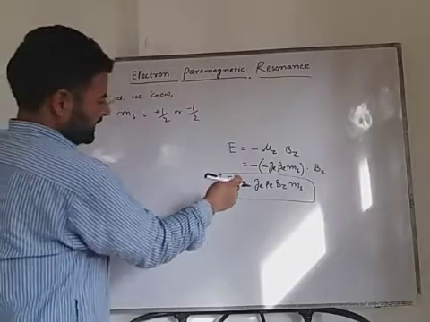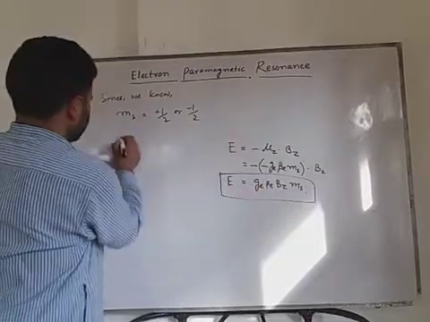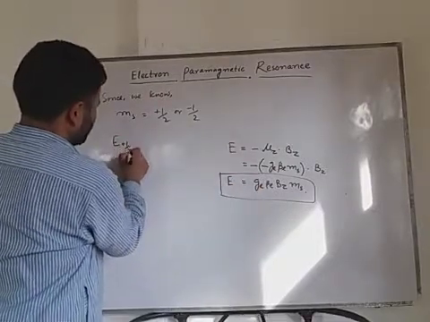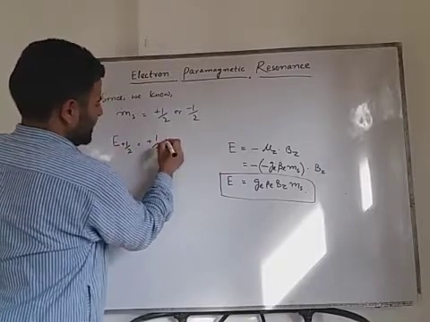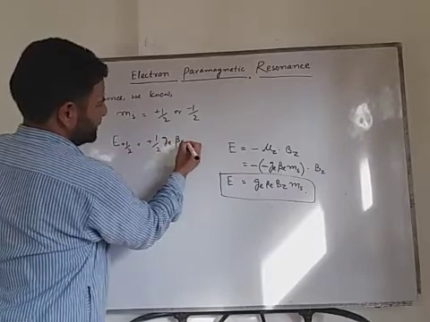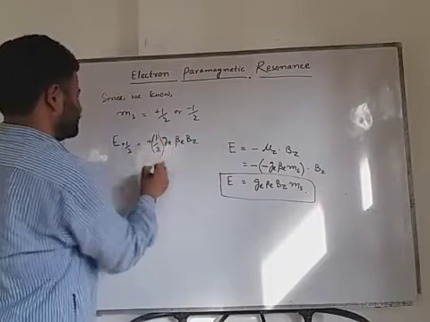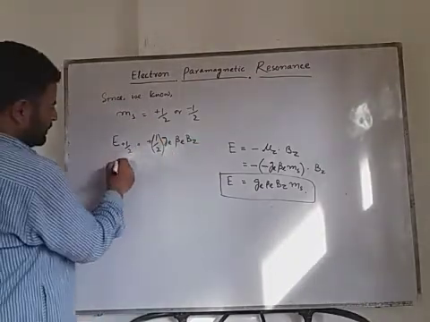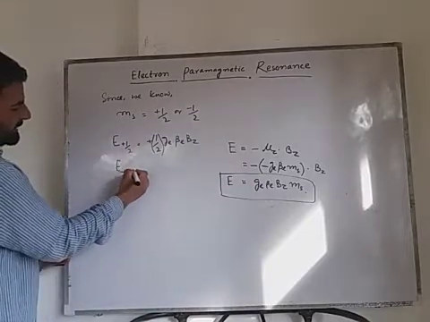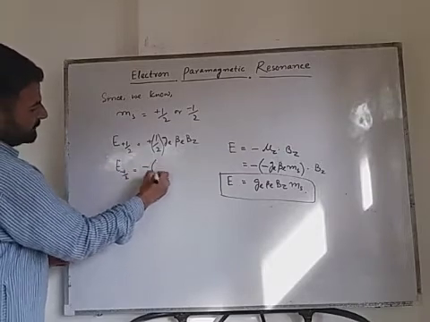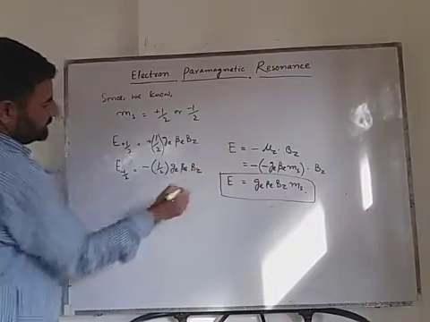So for these two orientations, what will be this E? E for anti-clockwise will be equal to plus 1 by 2 GE beta E Bz. Similarly, E for minus 1 by 2, that means clockwise direction, will be equal to minus 1 by 2 GE beta E Bz.